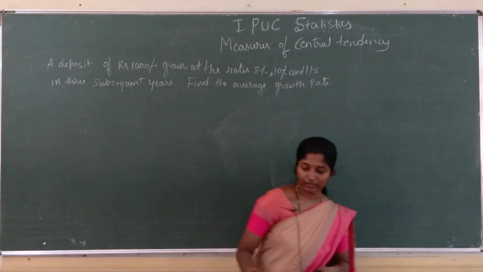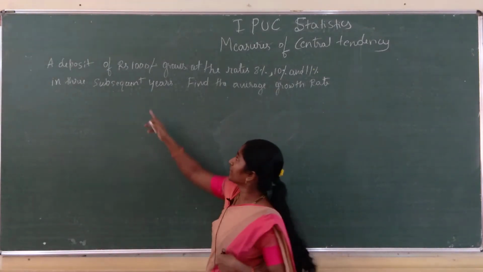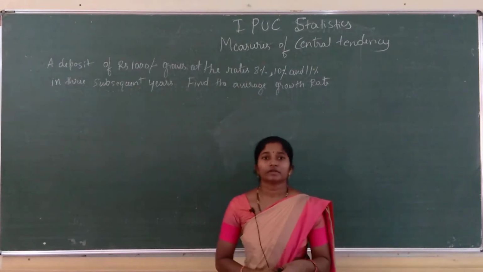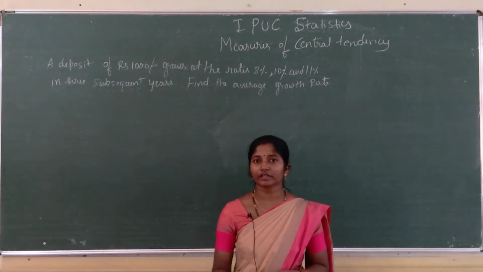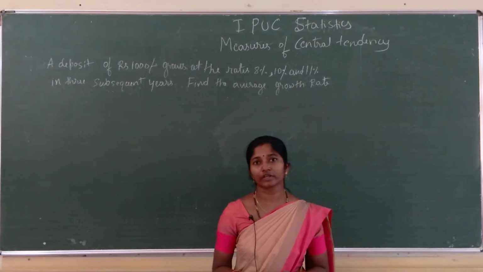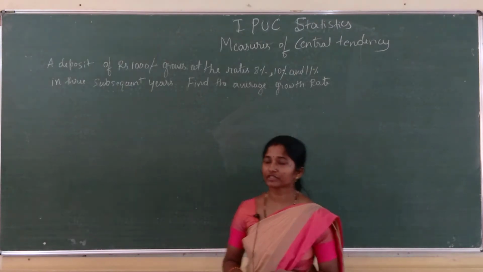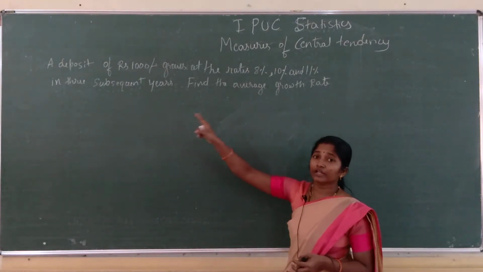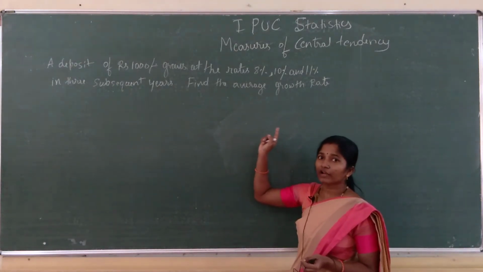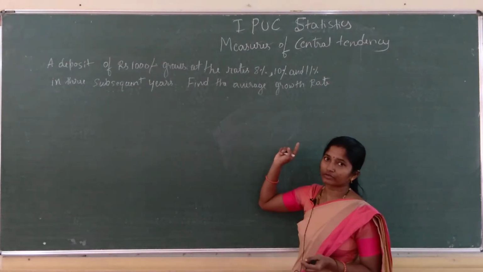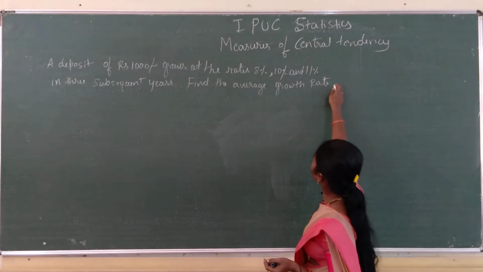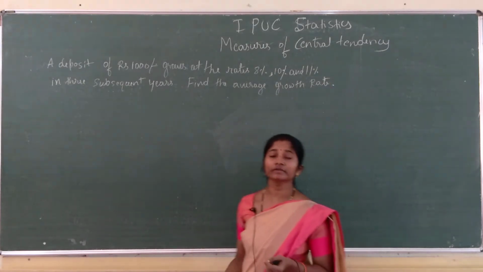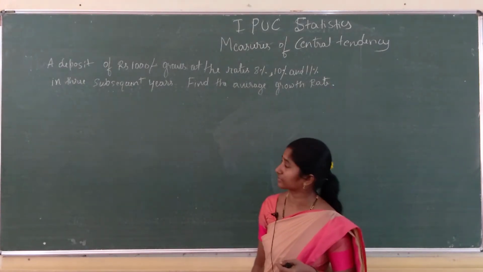Now, the statement is given here. See, in the data, if the question only says find the geometric mean or calculate the geometric mean, that is direct. But here they have not said calculate geometric mean, they have just said find the average growth rate.